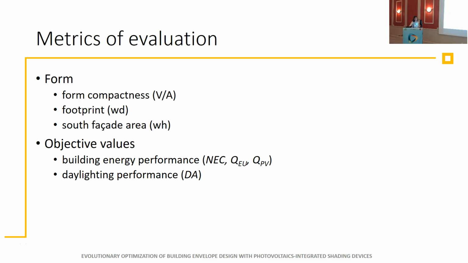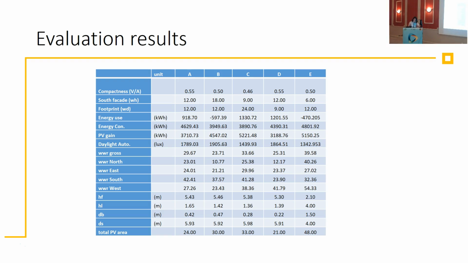And the objective values, of course, as I mentioned, are regarding building energy performance, net energy consumption, and the photovoltaic energy generation, as well as daylighting performance. So in the paper you can see this table and the values.